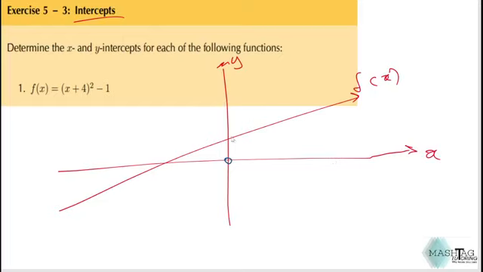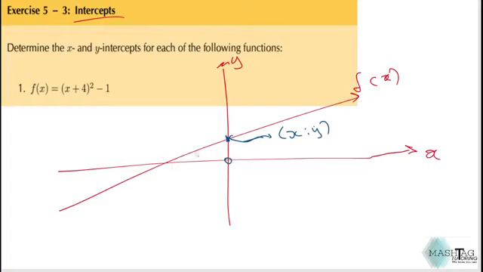So when we say intercept, that means where this graph of f intersects either the x-axis or the y-axis. If we say y-intercept, that just means the graph touches the y-axis there. By saying we want the y-intercept, we're basically saying give us the x value and the y value at that point, right? And then same applies.